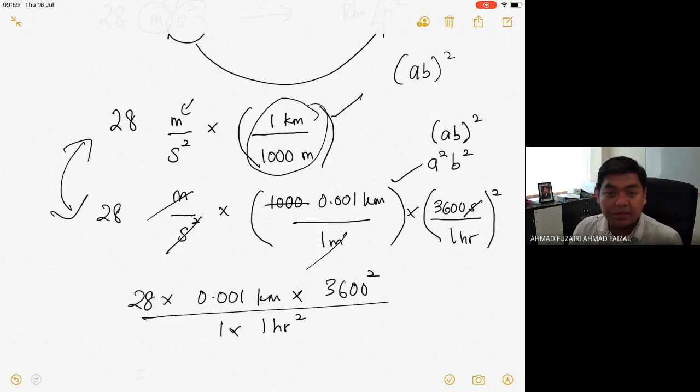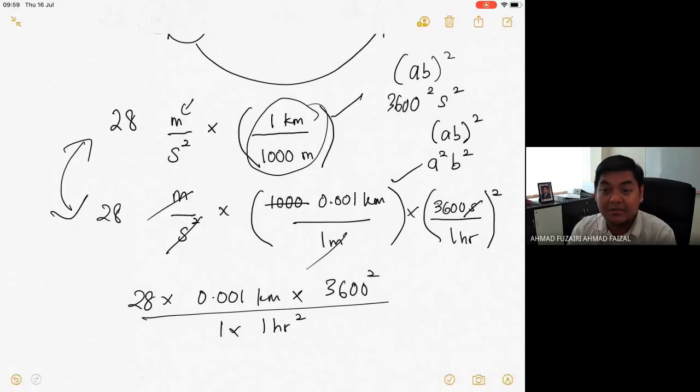A must be squared, B is also squared. That's why the 3,600 is also squared, because this is basically 3,600 squared, seconds squared. It is not just 3,600, but when we put it in the bracket, everything in the bracket should be squared.